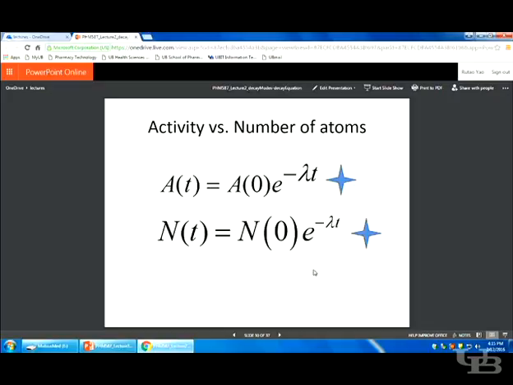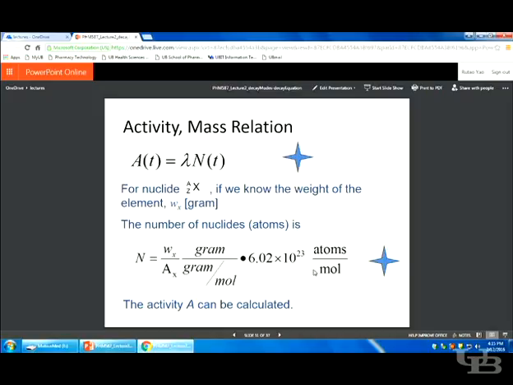Rarely people use per hour, but it could be per hour because the definition of the activity is how many disintegrations or decays per unit time. So it must be a time unit: second, minute, hours. Okay.